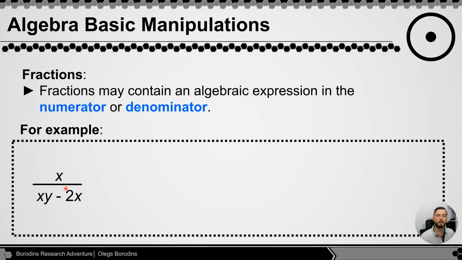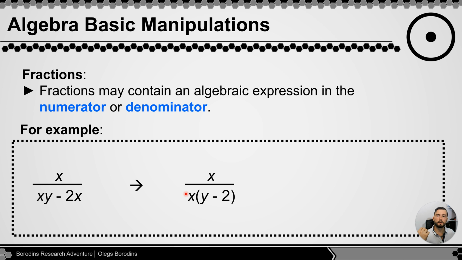In this example, the numerator is x divided by xy minus 2x, which is the denominator. We can see that x is the common factor for both of them. To remove it, we need to move x outside the bracket so we can have a multiplication.